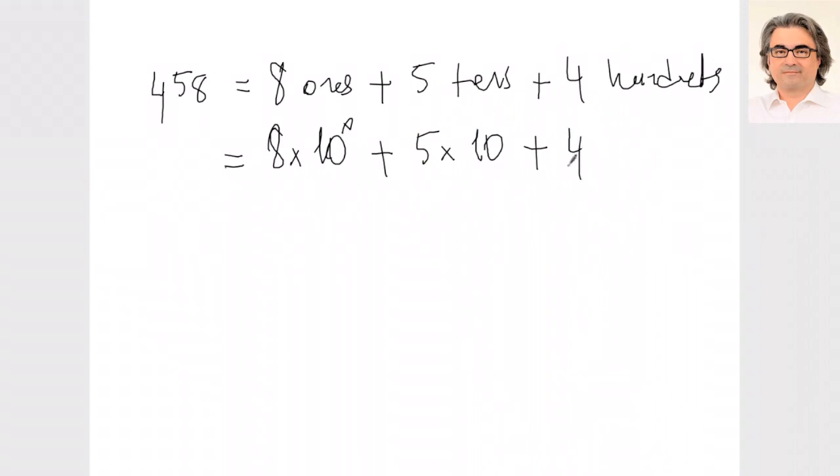It means 4 times 10 to the power of 2. 100, 10 to the power of 2 or 10 squared. These are all the powers of 10 starting from 0 and going consecutively: 0, then 1, then 2.